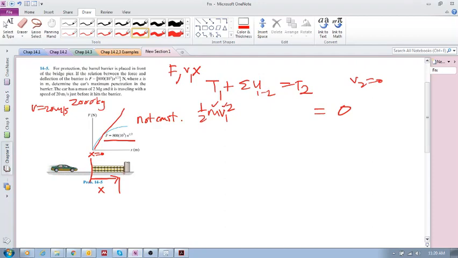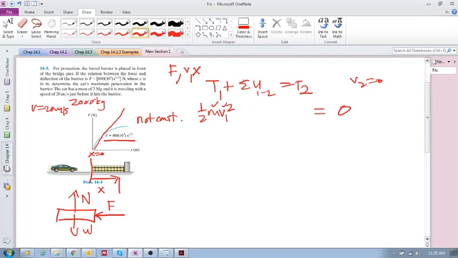We know that there's the normal force and weight, but we're not interested in the vertical direction. We're interested in the horizontal direction, and this force is slowing the car down, so it has to be in that direction. It's given by this nonlinear relationship.